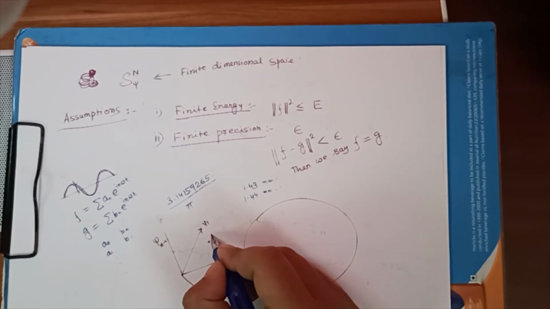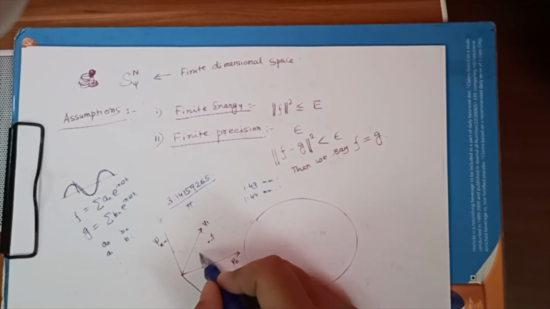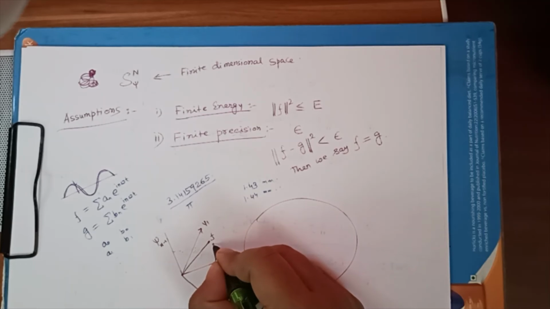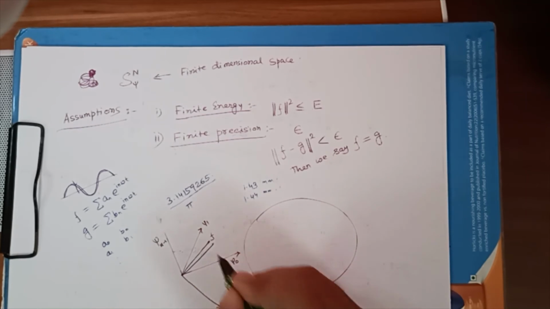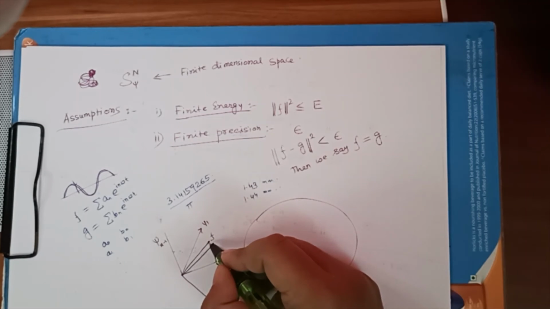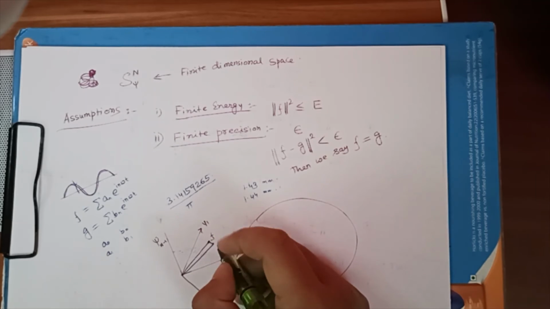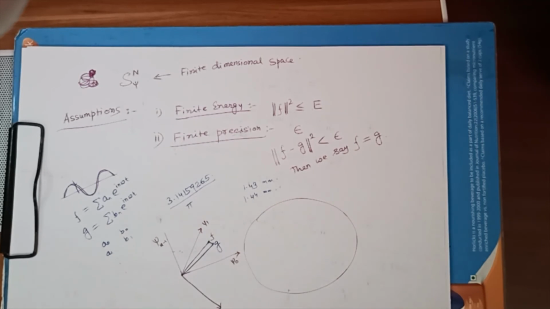So f is a vector, and this f has some finite energy, and g is another vector. So we say that if the energy of f minus g is less than some epsilon, then we will say that f and g are indistinguishable. They are the same. So this is what finite precision means.